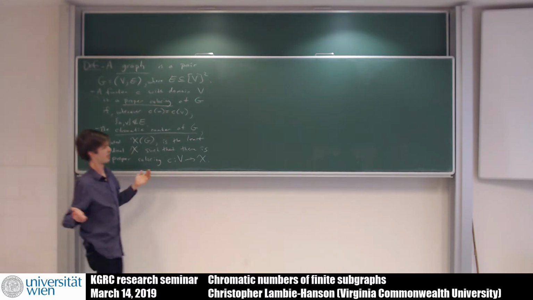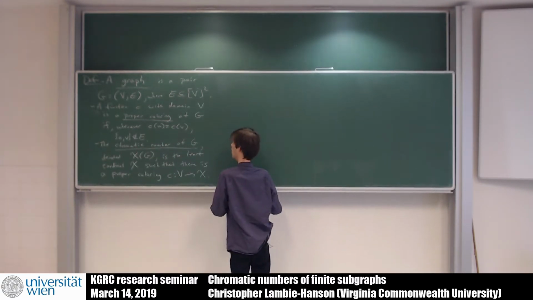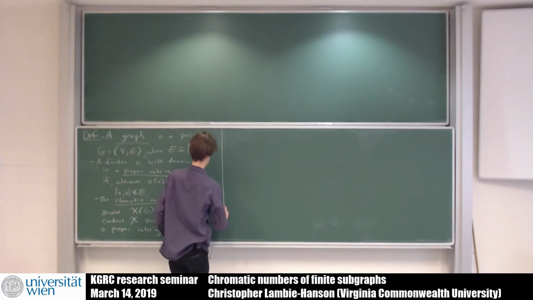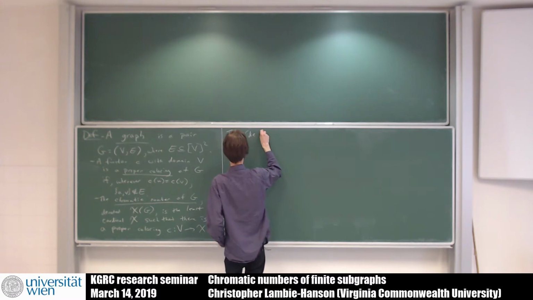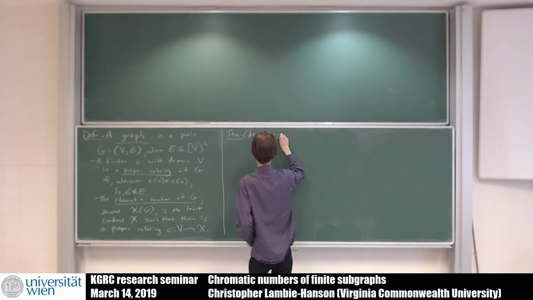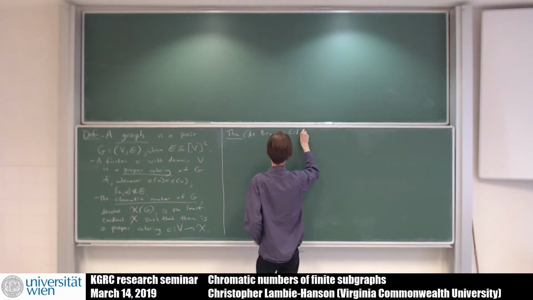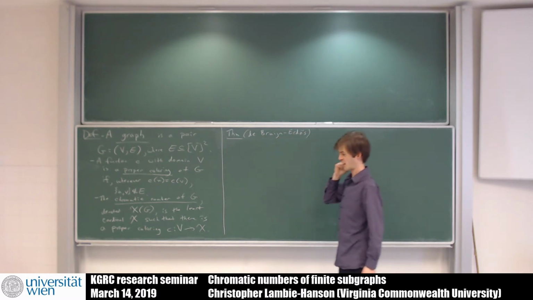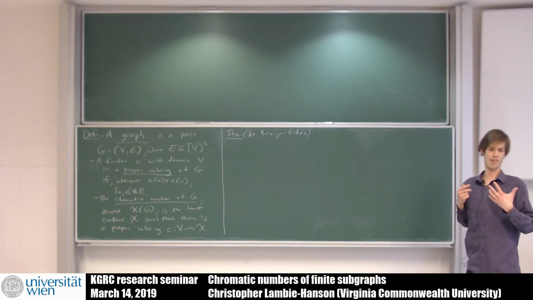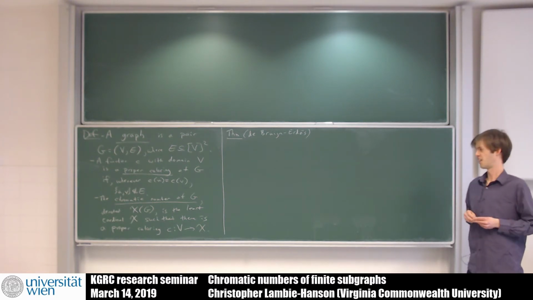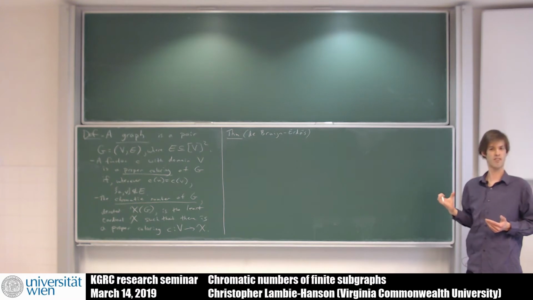So the first real theorem in this direction is due to de Bruijn and Erdős, the de Bruijn-Erdős compactness theorem. It essentially says that if you want to know whether or not a graph has finite chromatic number, then it suffices to look at its finite subgraphs.